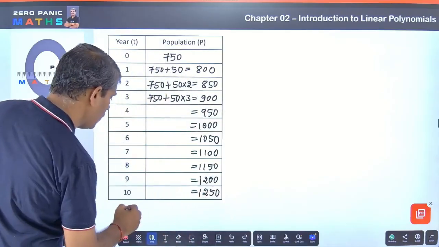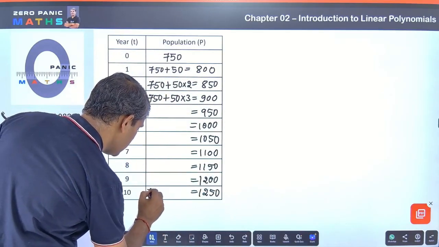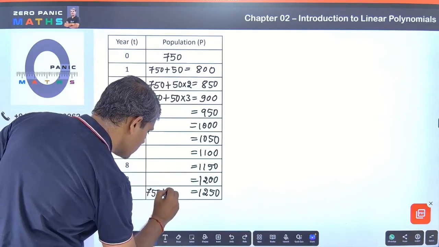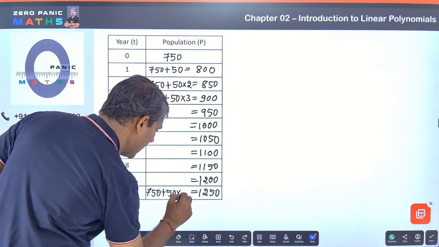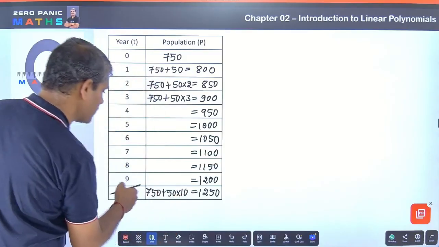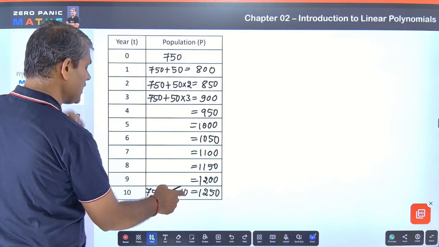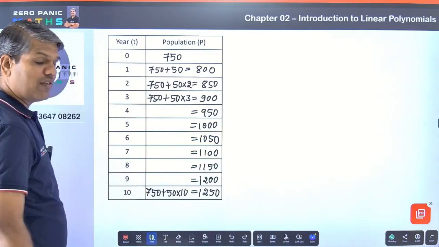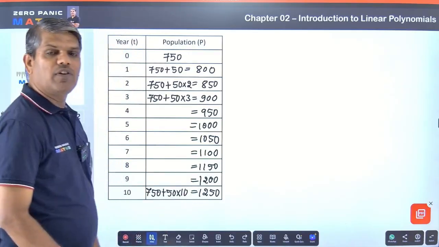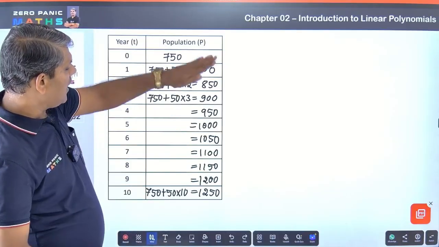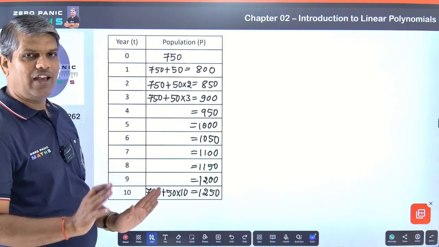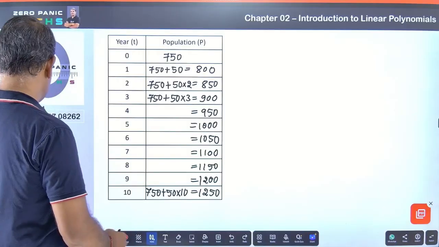Now how did we derive this? It is 750 plus 50 into 10 after 10 years. So 50 into 10 is 500, added to 750, you will get 1250. That is 1250 people after 10 years. So this is the table as it is asked in the second question.